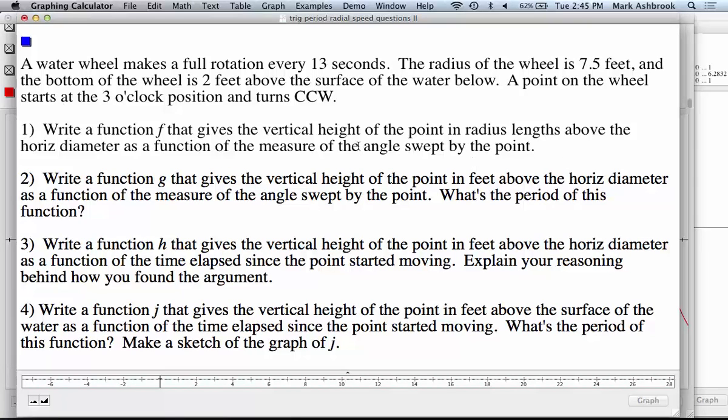Vertical height of the point in radius lengths. What function is that? Sine theta. That's exactly what we've been hammering. The input is the angle swept counterclockwise from 3 o'clock. The output is vertical distance above the horizontal diameter in radius lengths. Sine theta. That's what sine theta is.